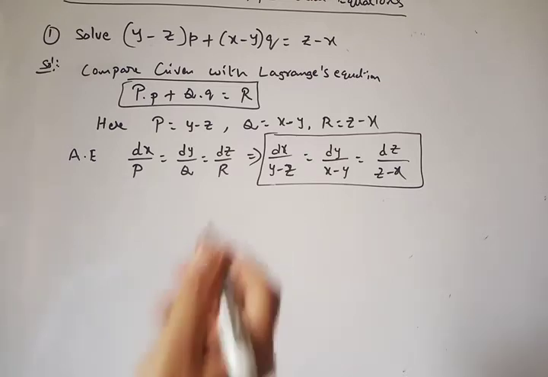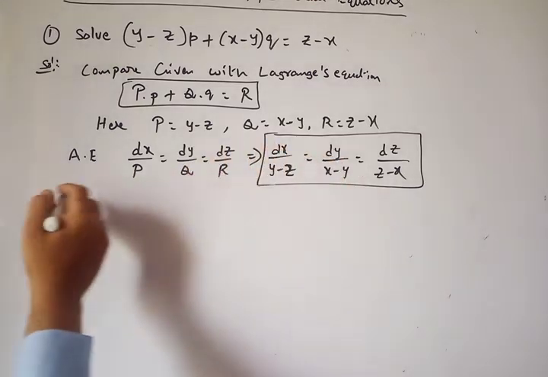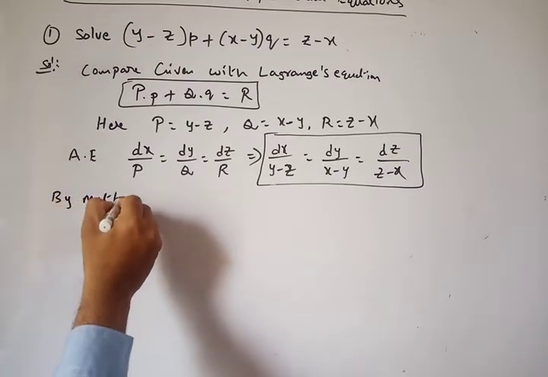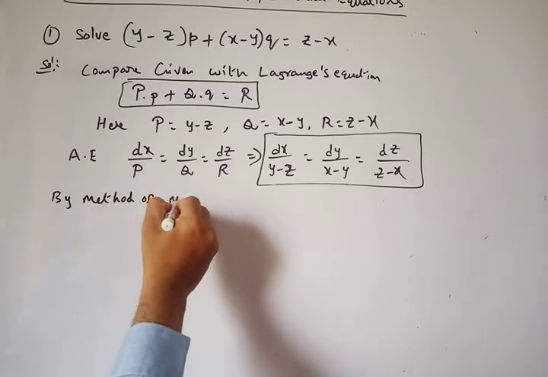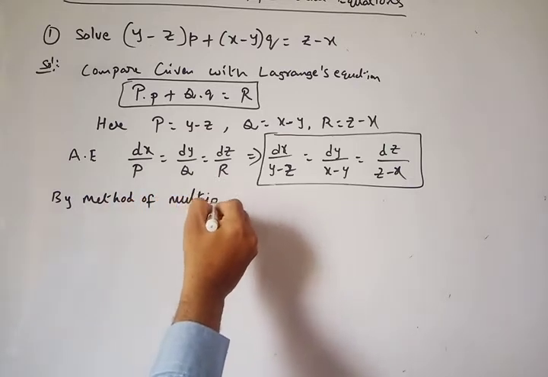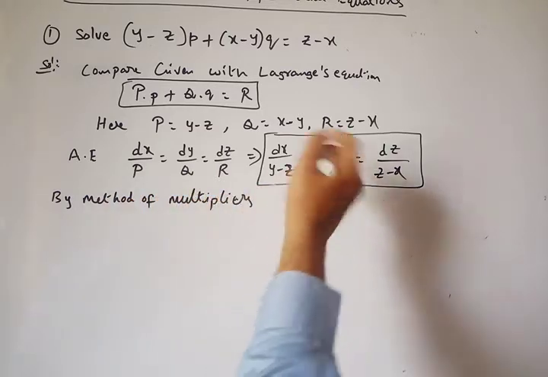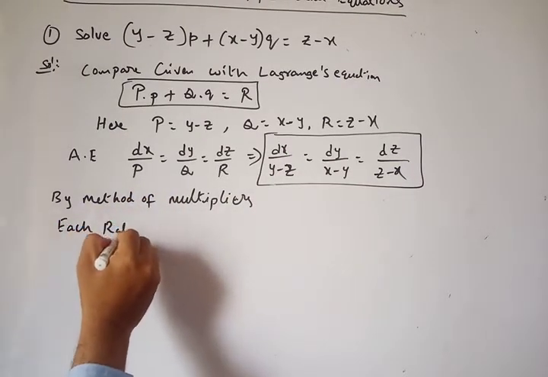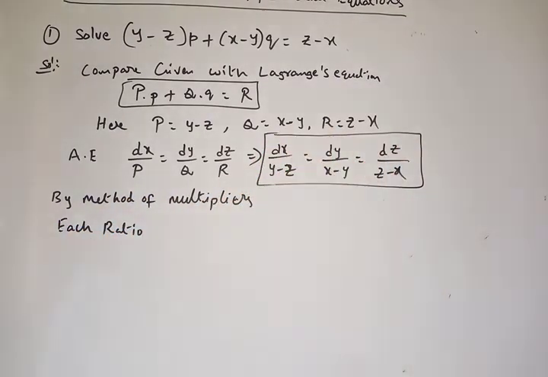Okay. So to solve by method of multipliers, what I am doing here, each ratio, how many ratios do we have? 3 ratios we have.